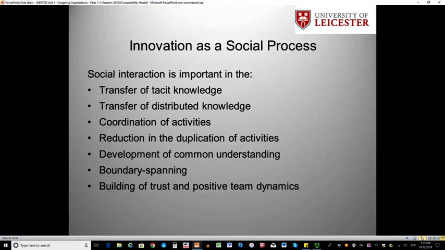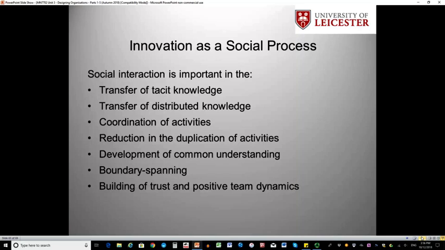That is all part of the social process. So it is people that coordinate activities. They may use other tools to do it, but people and the social process is really important for coordinating, for therefore trying to reduce duplication, for creating common understanding. And it's a social process that is all about boundary spanning, about building trust and positive team dynamics.